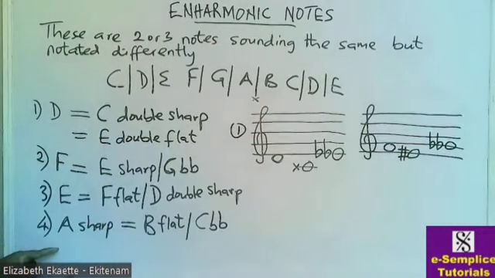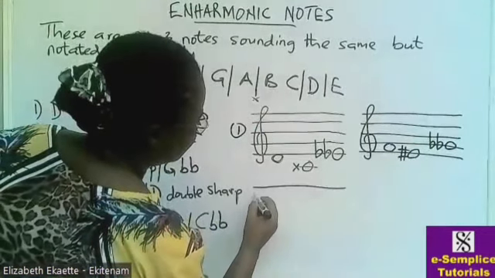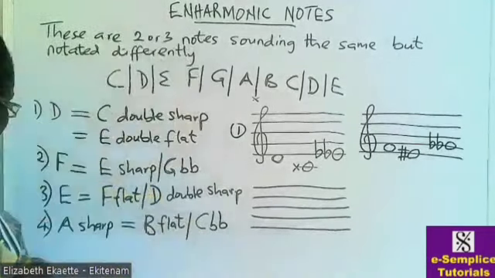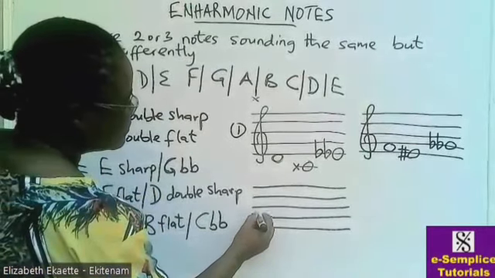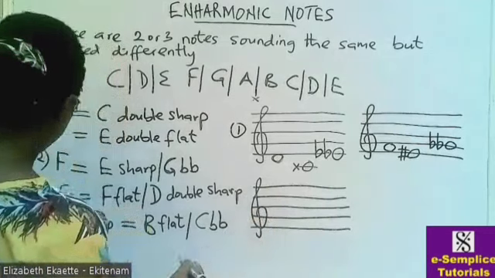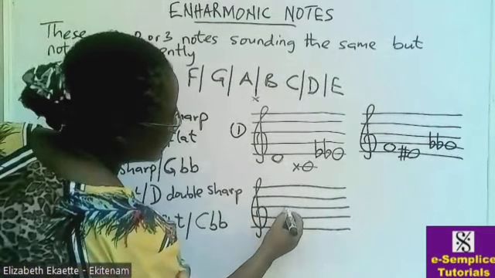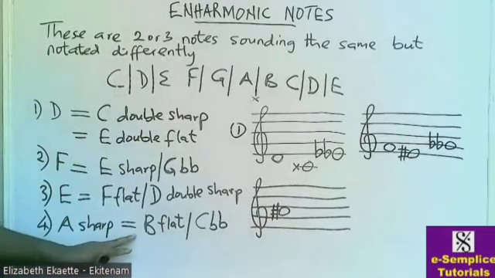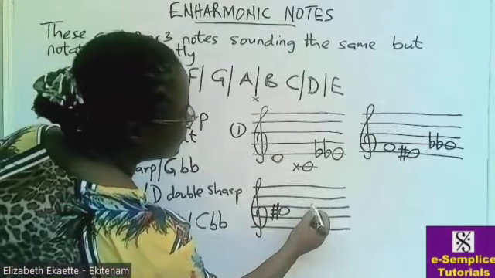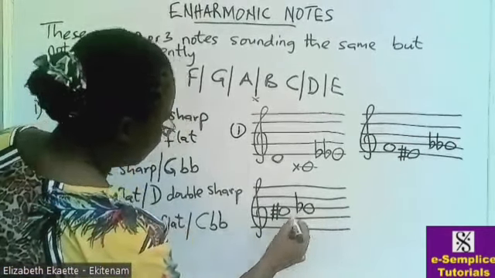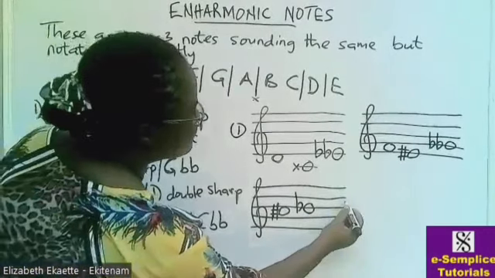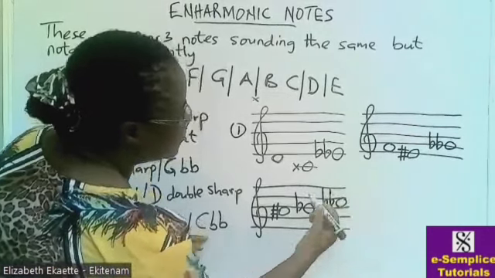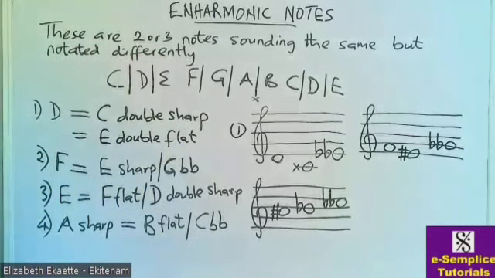Now let's just go to question 4. Question 4, we can still use treble clef. We're given A sharp. Now the notes are B flat and C double flat. So that's just how to represent them on the staff.